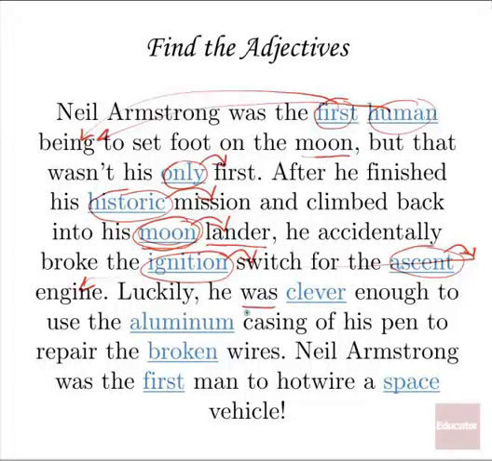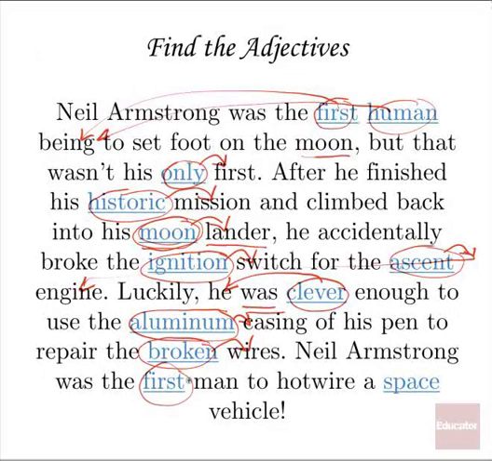Oh, here's a linking verb. So clever actually goes back to modify the pronoun he. He was clever enough to use the aluminum casing. What kind of casing? An aluminum one. Of his pen to repair the broken wires. What kind of wires? Broken wires. Neil Armstrong was the first, oh, there's first used as an adjective again, man to hotwire a space vehicle, with space modifying vehicle.